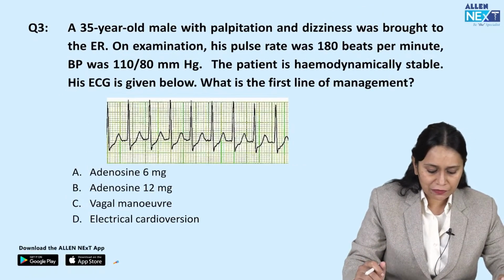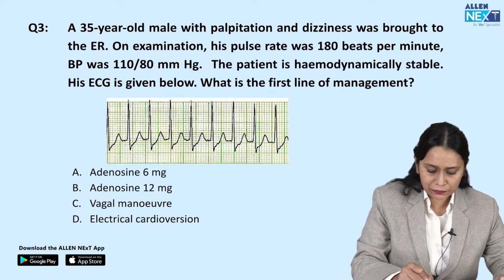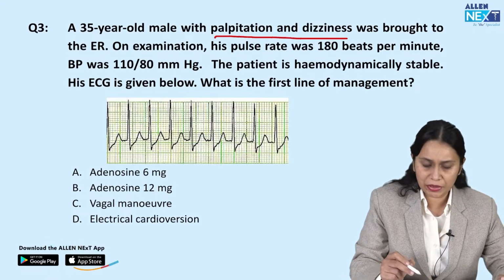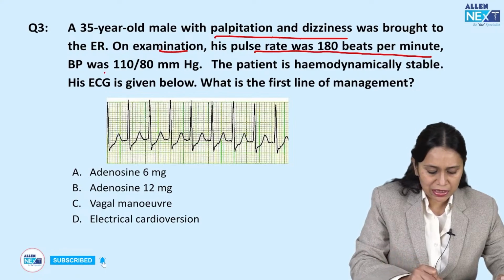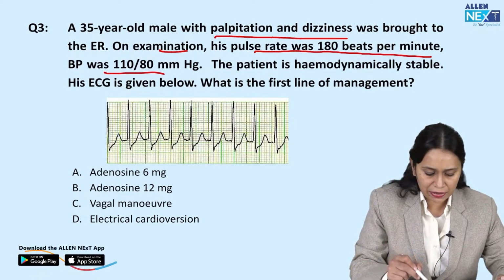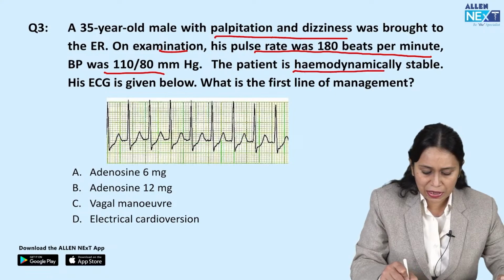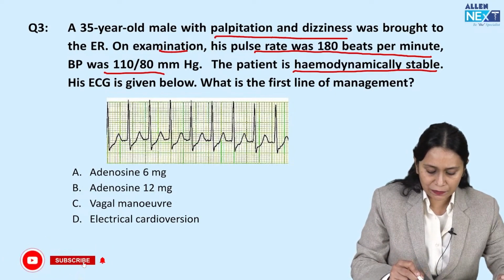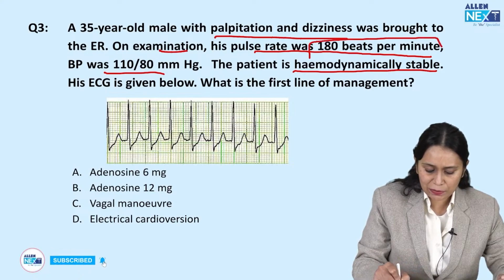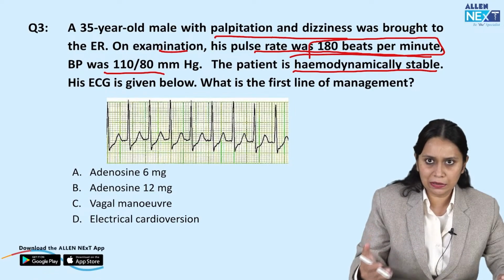Third, a 35-year-old male with palpitation and dizziness was brought to the emergency room. On examination, his pulse rate was 180 beats per minute, his blood pressure was 110/80, the patient was hemodynamically stable, and the ECG is like this. The pulse rate is 180 beats per minute, so the patient has tachycardia.